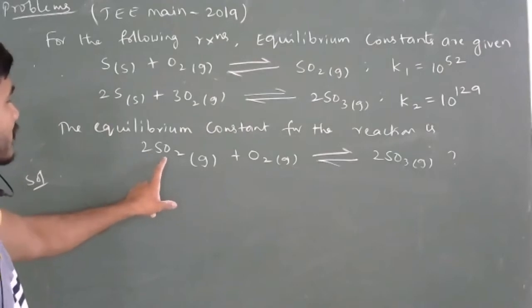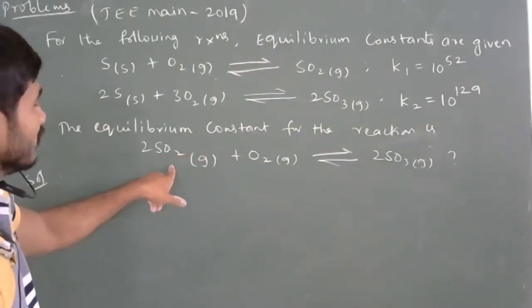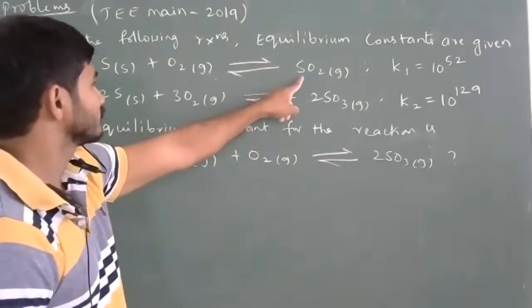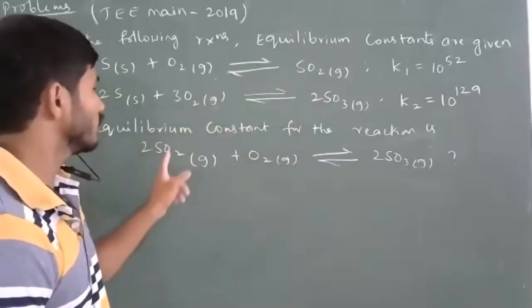You see, there is 2SO2 and O2 on the left side here, but SO2 is on the right side in the first equation. So this equation we have to reverse. If I reverse this, I'll get SO2 on the left side.